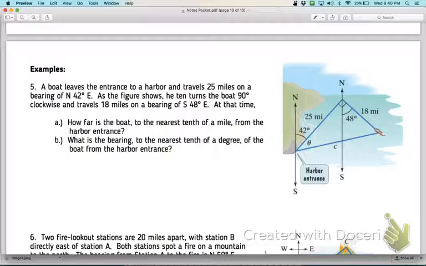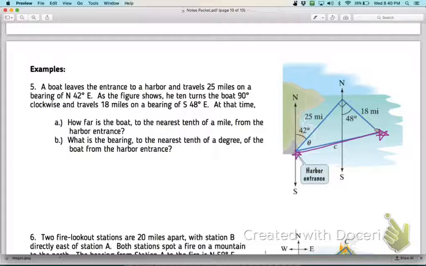So the first question is, how far is the boat to the nearest tenth of a mile from the harbor entrance? So if this is where I start and this is where I end up, then that means C here is the value we're trying to find. This is an easy one because we have a right triangle. Anytime you have a right triangle, that's really kind of a gift because that is just SOHCAHTOA.